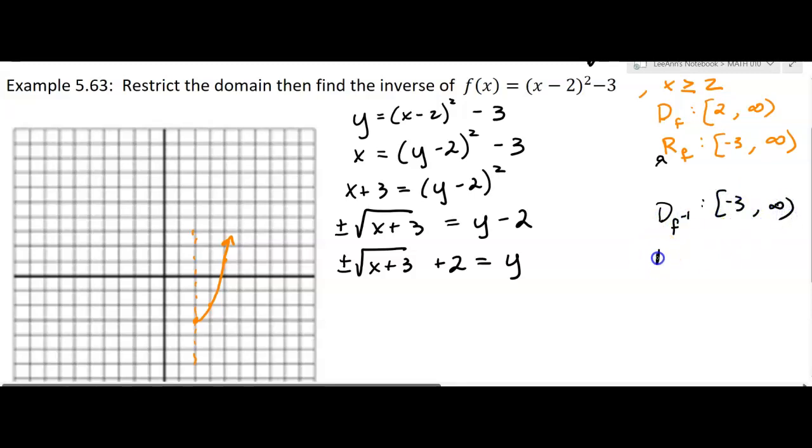And then the range for the inverse has to be 2 to infinity. So I need outputs. I need the y to be bigger than 2. And so that's going to give me the positive case then, which you probably already expected, but oh, and I want to write this with the inverse notation. Well, I'll just do it underneath.